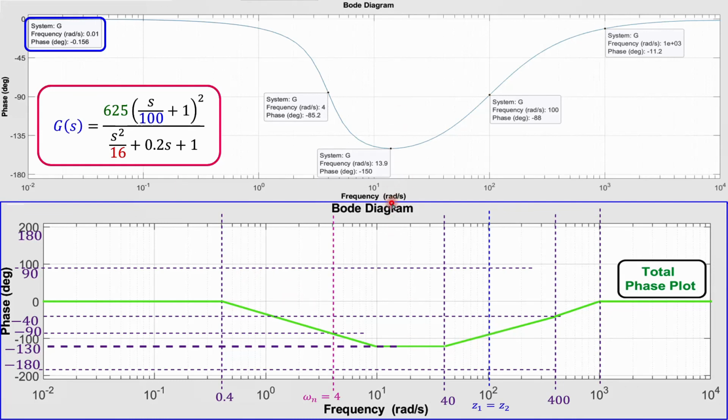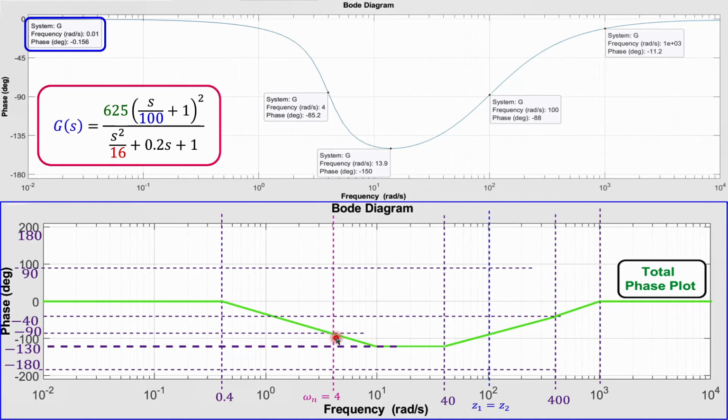There is of course some difference because this curvy line is making a smooth transition from one point to another. And we also see it is again coming up and then will become 0 degrees. And it is also happening here for higher frequencies. You also see, for example, at 4 radians per second, which is the break frequency for the complex poles, it is approximately minus 58 degrees, and we had minus 9 degrees.